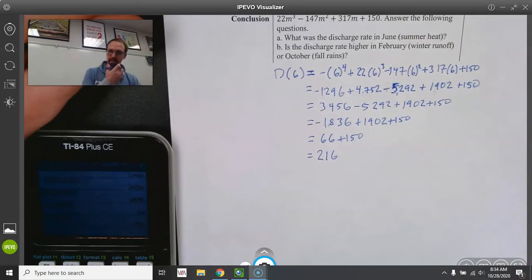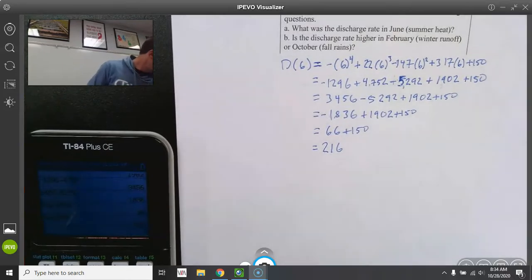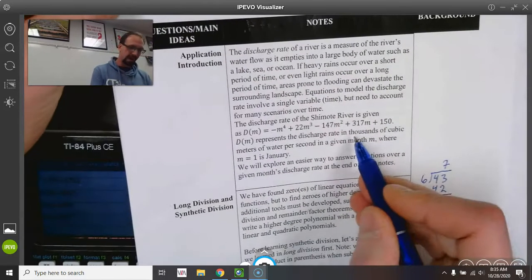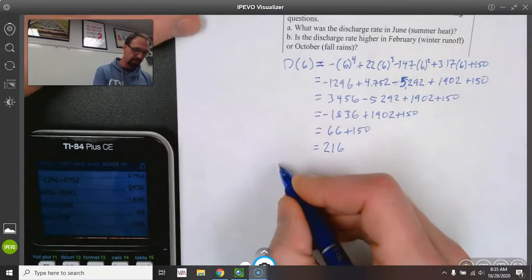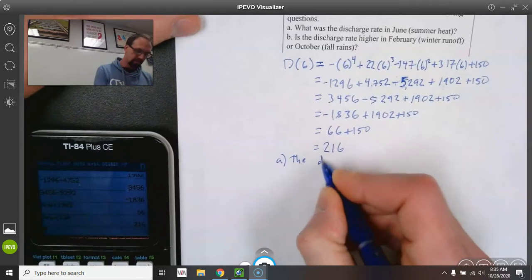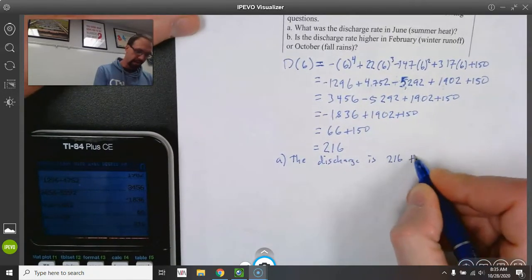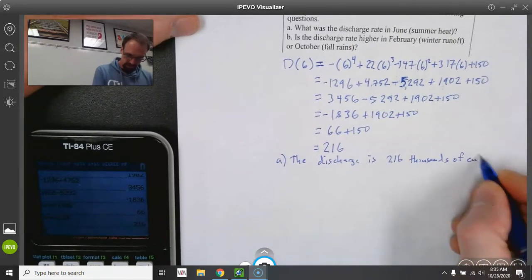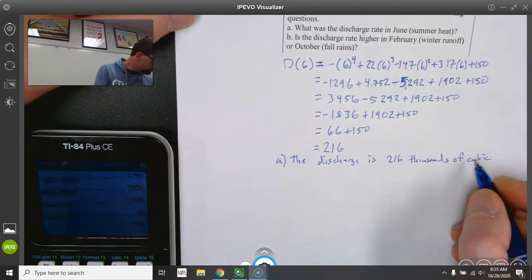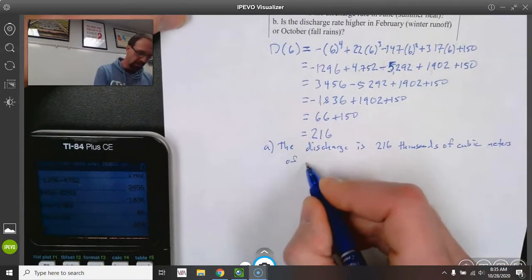So remember, going back to the very beginning part we talked about, it's 216 thousands of cubic meters. Thousands of cubic meters of water per second. So the rate in June, the discharge rate, is 216 thousands of cubic meters of water per second.